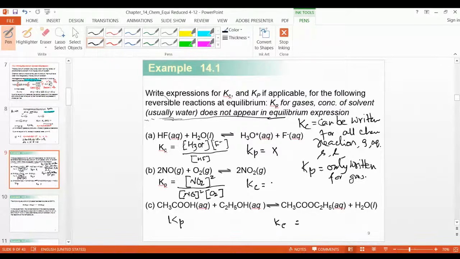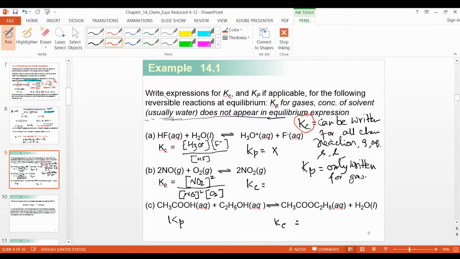Please read what I have written. Don't write Kp. It can be written for all chemical reactions. Yes, you can write Kc for any chemical reaction, for any state, either solid, liquid, gas or aqueous.